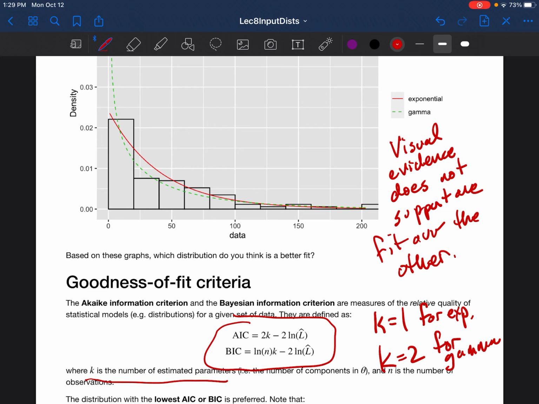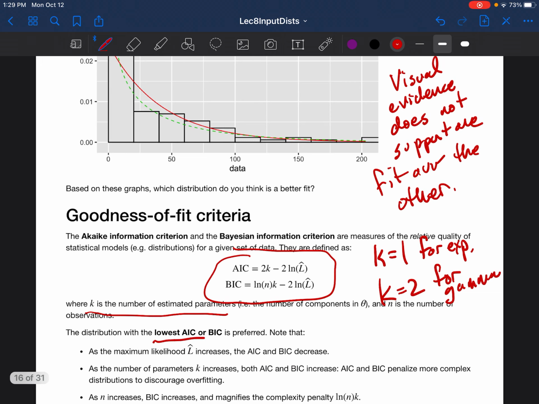So the alpha and beta for gamma, and then the mean or the rate for the exponential. Okay, the lowest AIC or BIC is preferred, and that's going to be true for all the scores that we look at. We're actually going to see a bunch of scores given by the tests we run, and we always want the lowest number. Okay, so here, L hat is the likelihood.